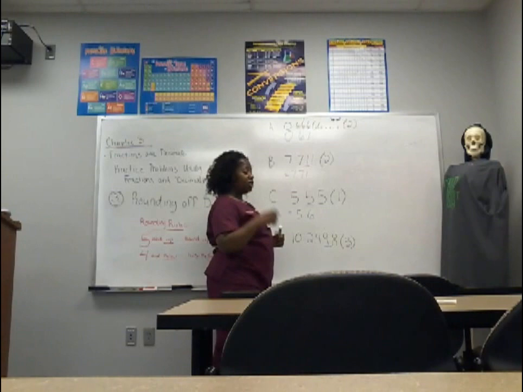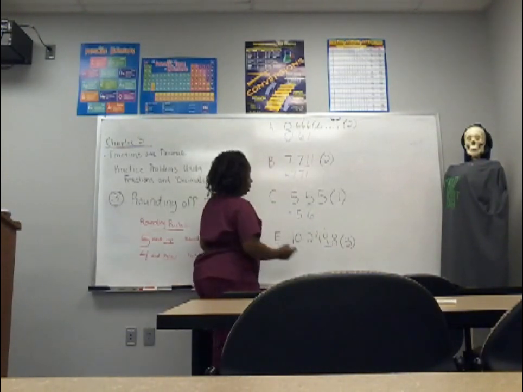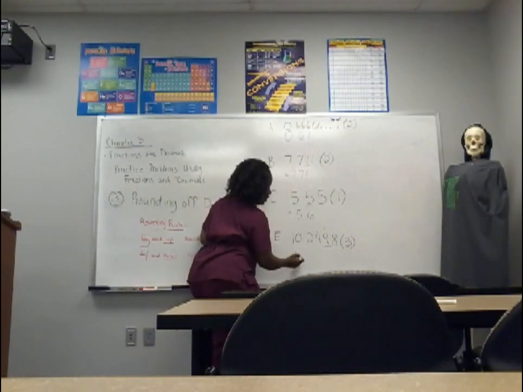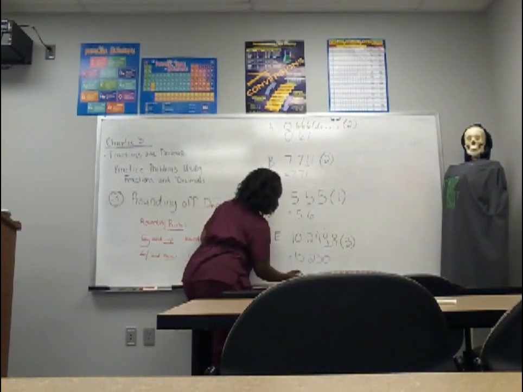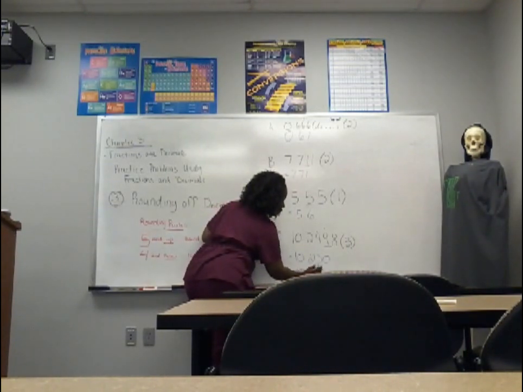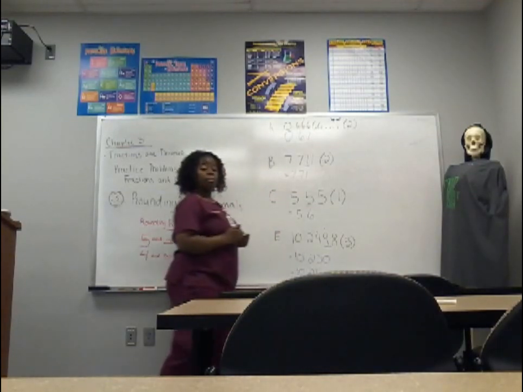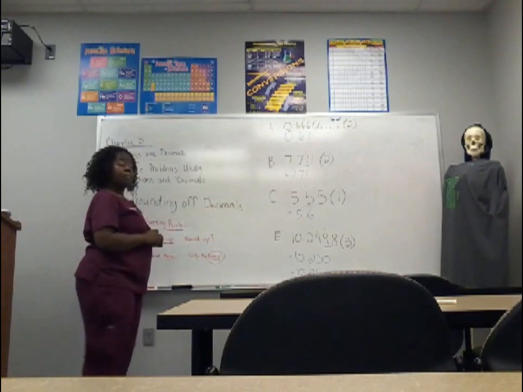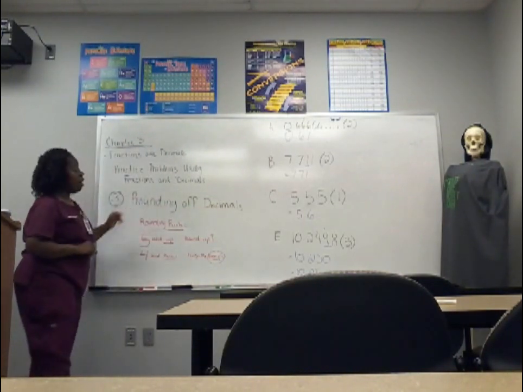So because it's 10, just like adding, we add it to the next column. And when we do that, now our problem goes to 10.250 or 10.25, which is the same. And that is rounding off decimals.